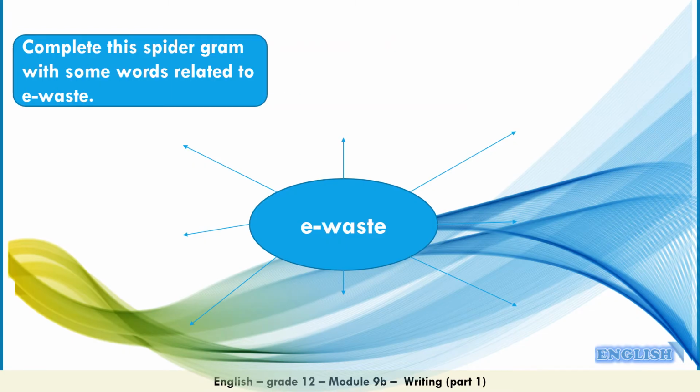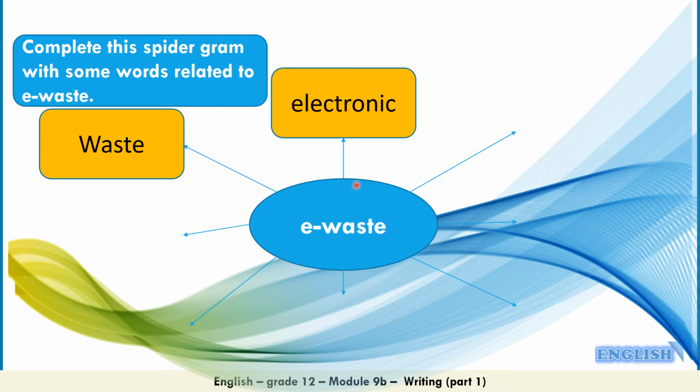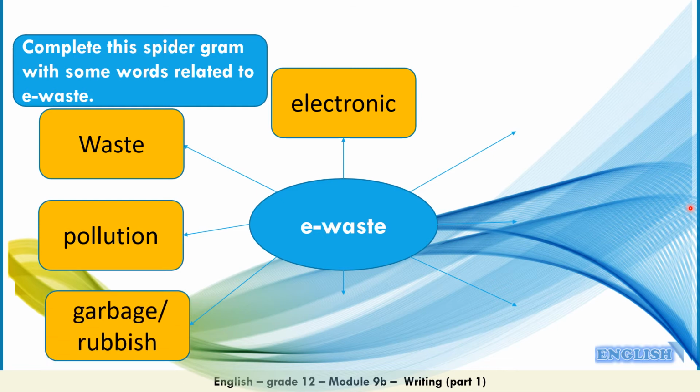So let's complete the spidergram with some words related to e-waste. Okay, what can we say, for example? Yes, we have here electronic, E for electronic, waste. So e-waste is electronic waste. So we have pollution, but what type of pollution is this?